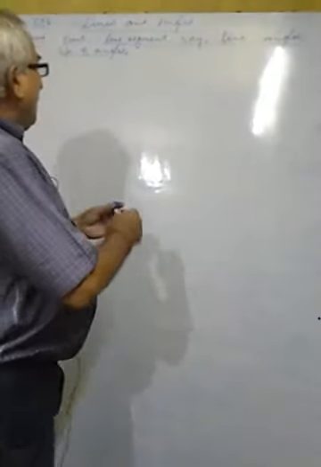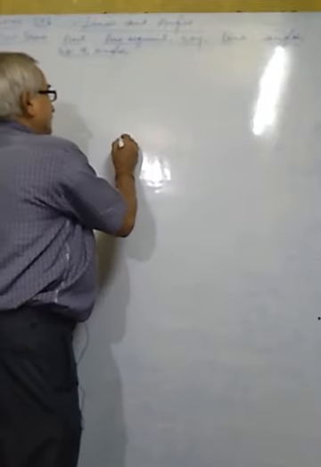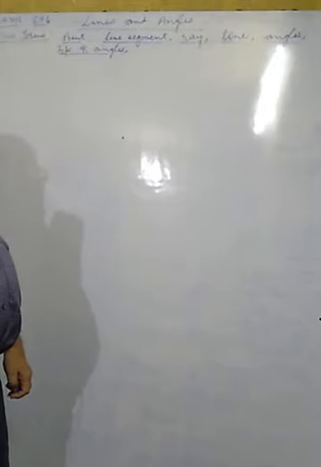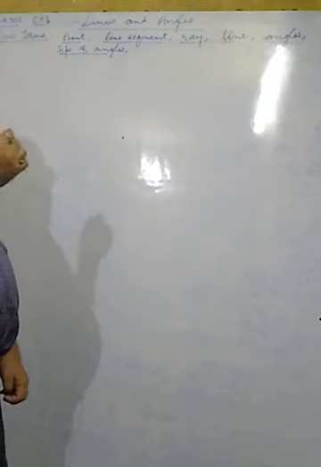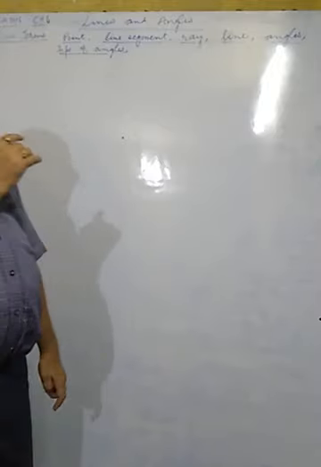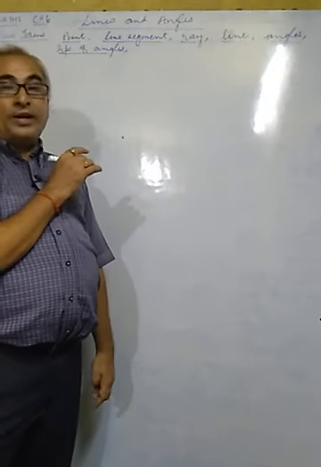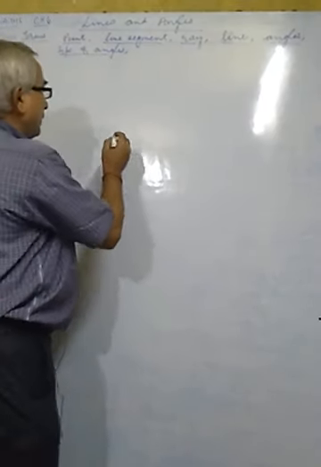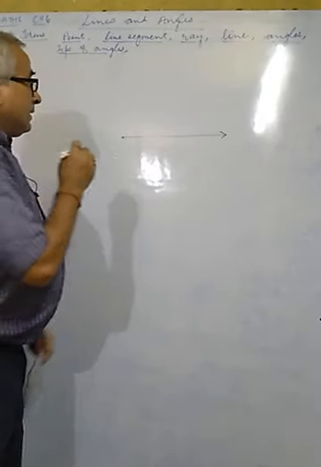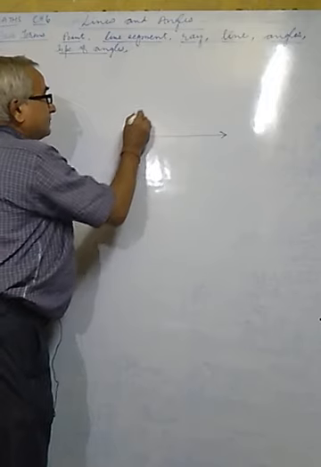Suppose a source of ray is here, its initial point is there. If from the same initial point two rays are originated, one ray is going here like that, the second ray is going like that.